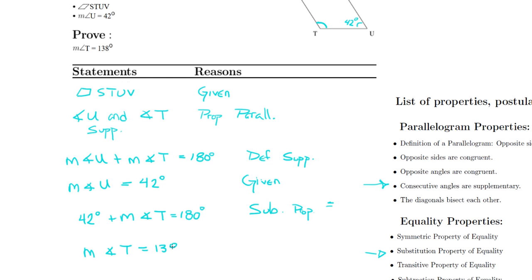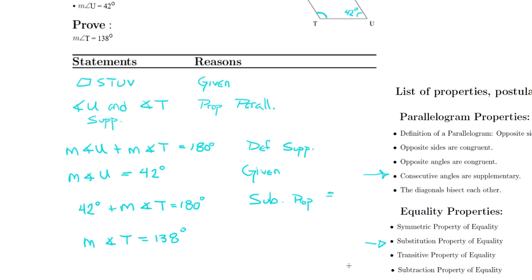Okay, and that's by our other equality, the subtraction property of equality, which allows me to subtract on both sides. So I'm going to write an S for substitution and a T for subtraction property of equality. And this finishes our proof.